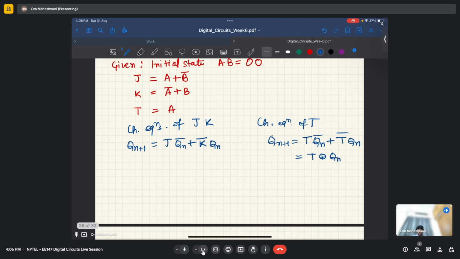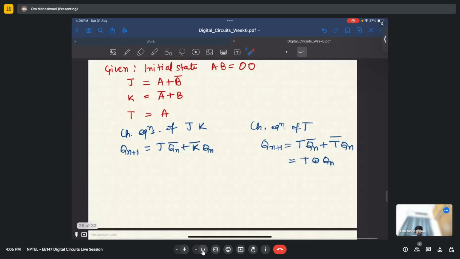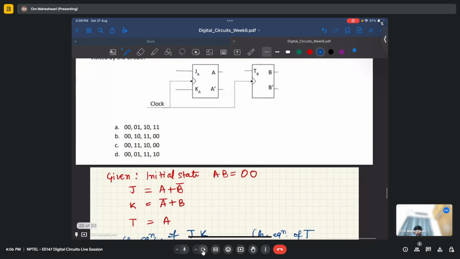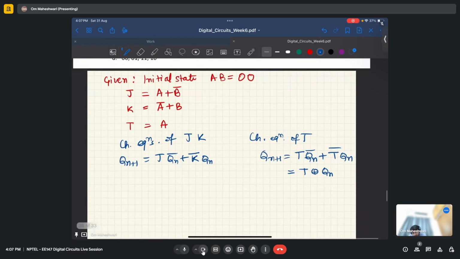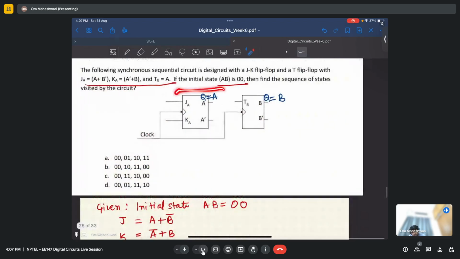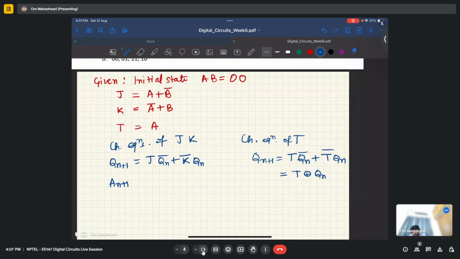Now we can write these outputs. If you see here, Q equals A, and here Q equals B. So we can write An plus 1, which is the same as Qn plus 1 for this flip-flop, as J Qn bar plus K bar Qn.